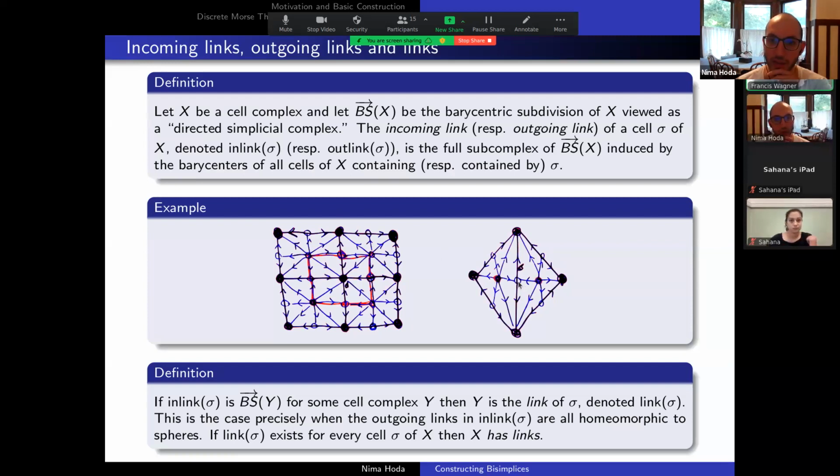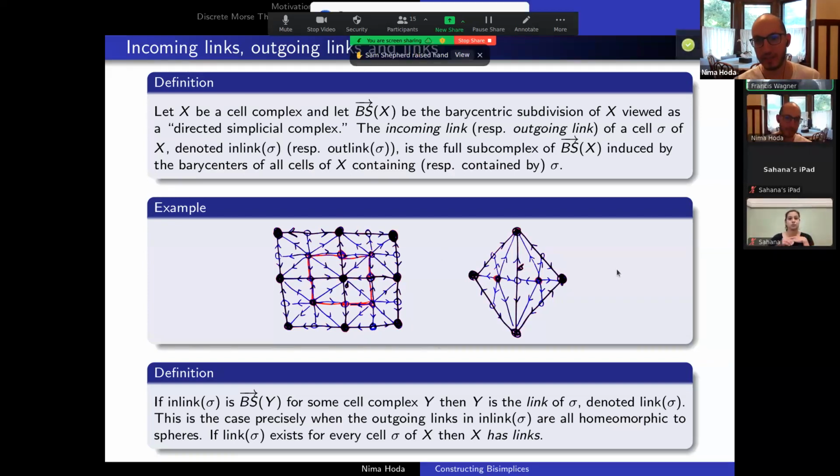And if we want the link of this vertex inside the barycentric subdivision, it's actually a 4-cycle, right? It's the join of the outgoing link, the outgoing arrows, and the incoming link, the incoming arrows. The outgoing link corresponds to the boundary of the cell whose barycenter we're considering, so that's always homeomorphic to a sphere. And if the link is the join of a sphere and a sphere, then it's going to be a sphere.